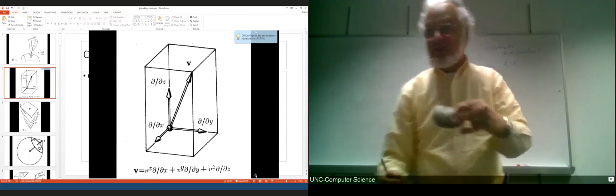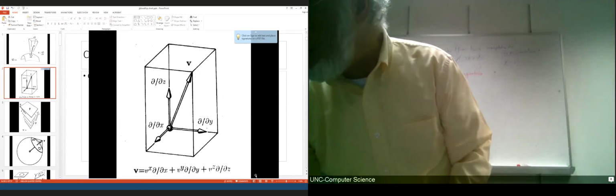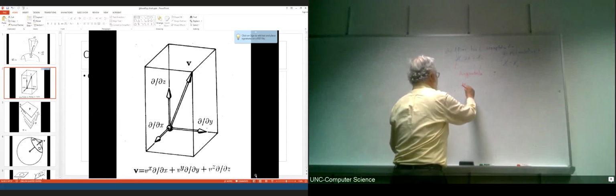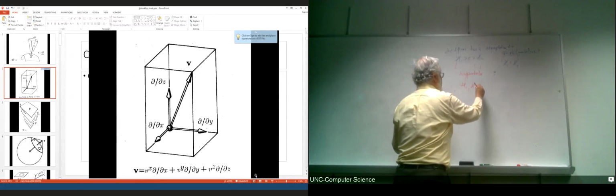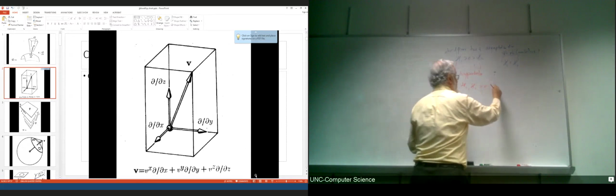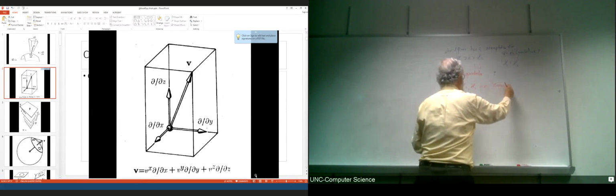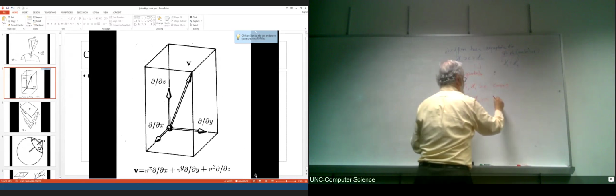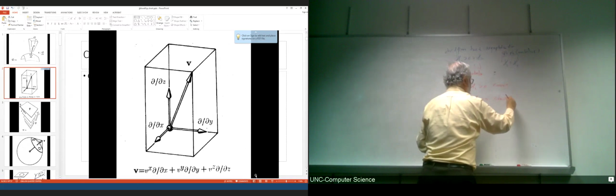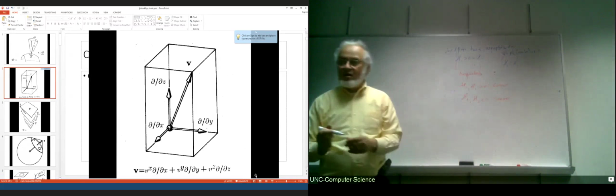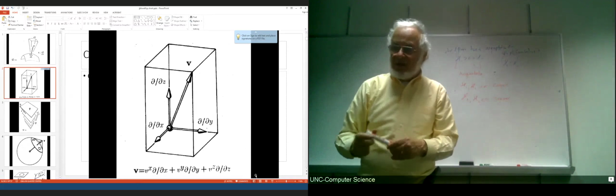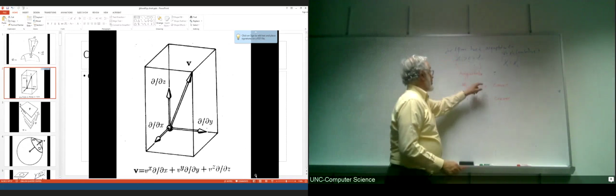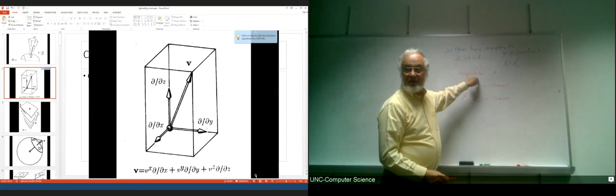Okay, that's a hyperbolic location. If kappa 1 and kappa 2 are both greater than 0, it's concave. And if kappa 1 and kappa 2 are less than 0, the point is called convex. Okay? What we said about these asymptotic directions is they only happen in hyperbolic places.